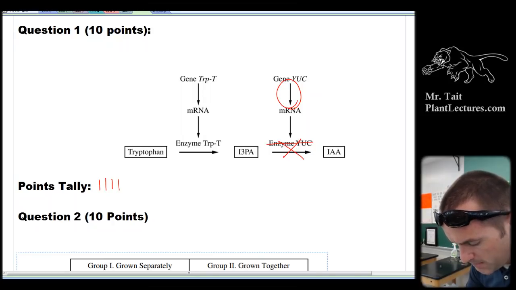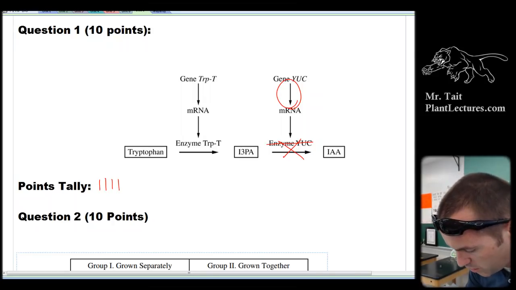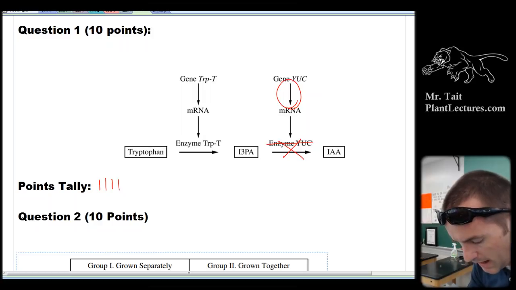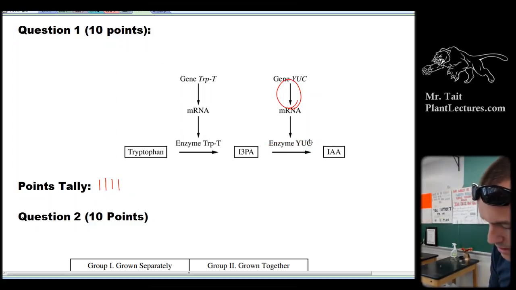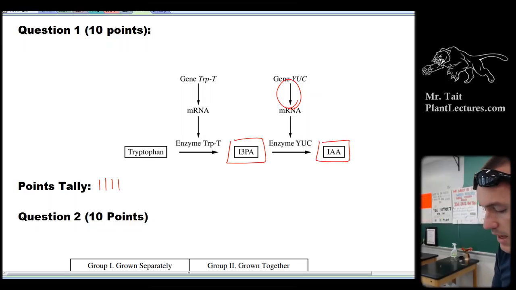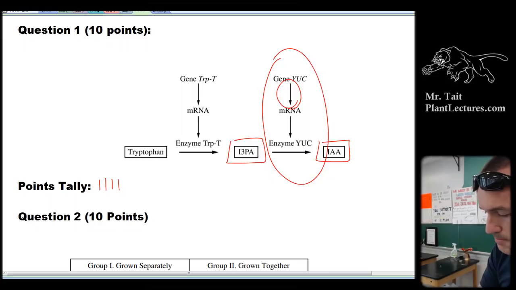Explain one feedback mechanism by which a cell could prevent production of too much IAA without limiting the production of I3PA. So basically what that means is we need to limit this without limiting this. And what we need to do is affect this part of the production pathway.